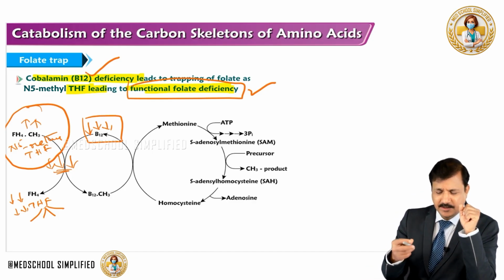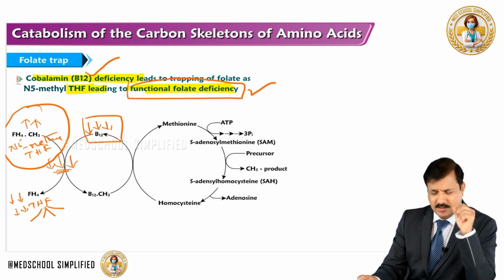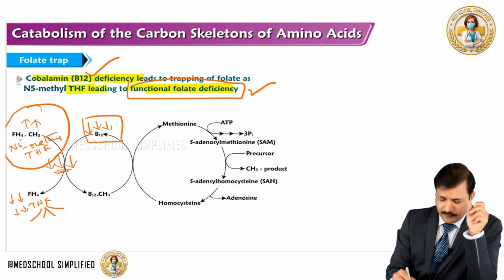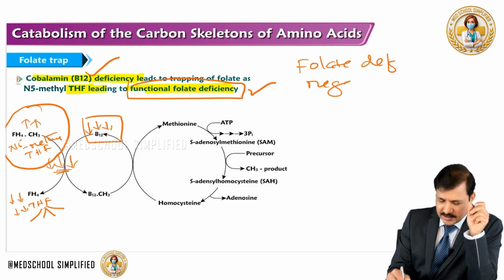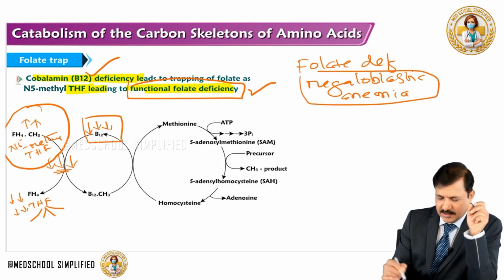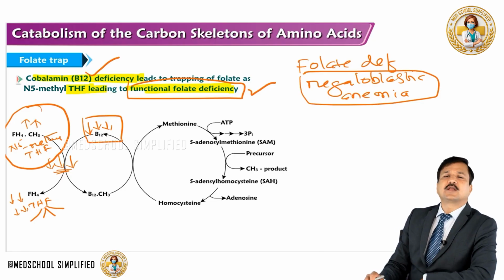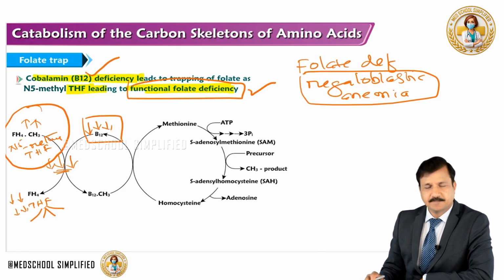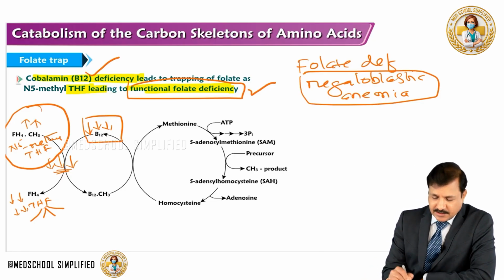Okay. So in the vitamin lecture, I have explained folate deficiency will lead to megaloblastic anemia. Folate deficiency causes megaloblastic anemia. That's the clinical feature of folate deficiency. Now what about cobalamin deficiency?